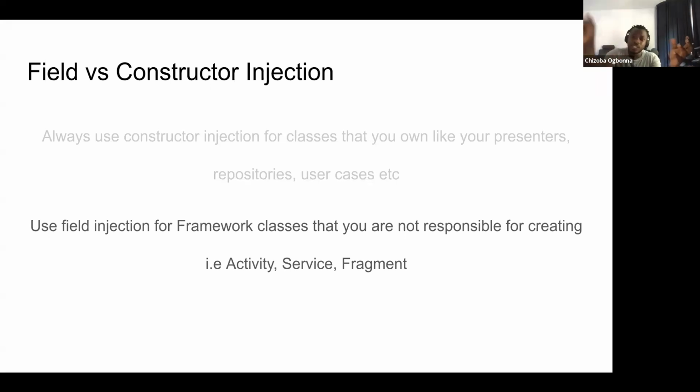You created those dependencies that you needed and put them there as fields. The only way you can supply those things in a test is to use Dagger. But once you do the actual right thing, because you own it, put them in your constructor. Use constructor injection. So it's key to know when to use constructor injection versus when to use field injection. Very key.